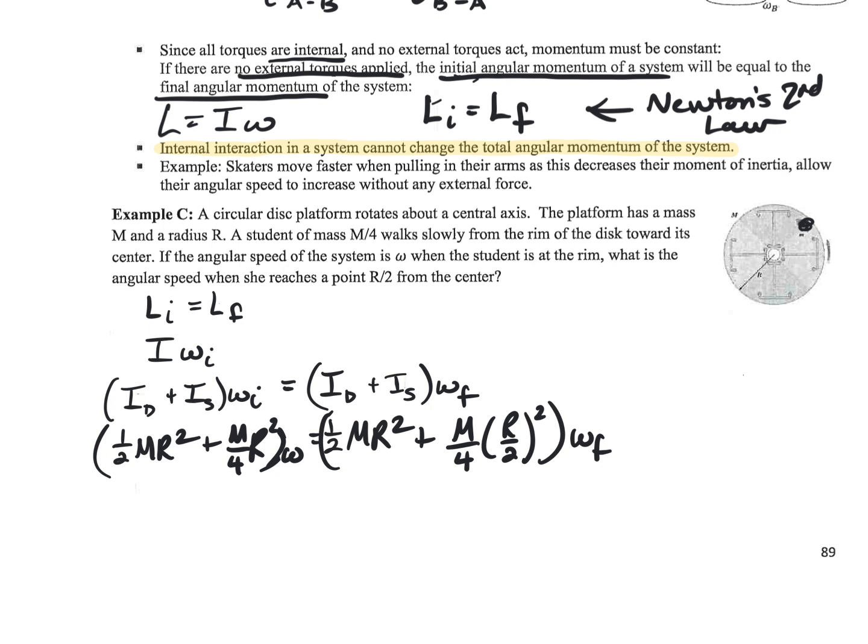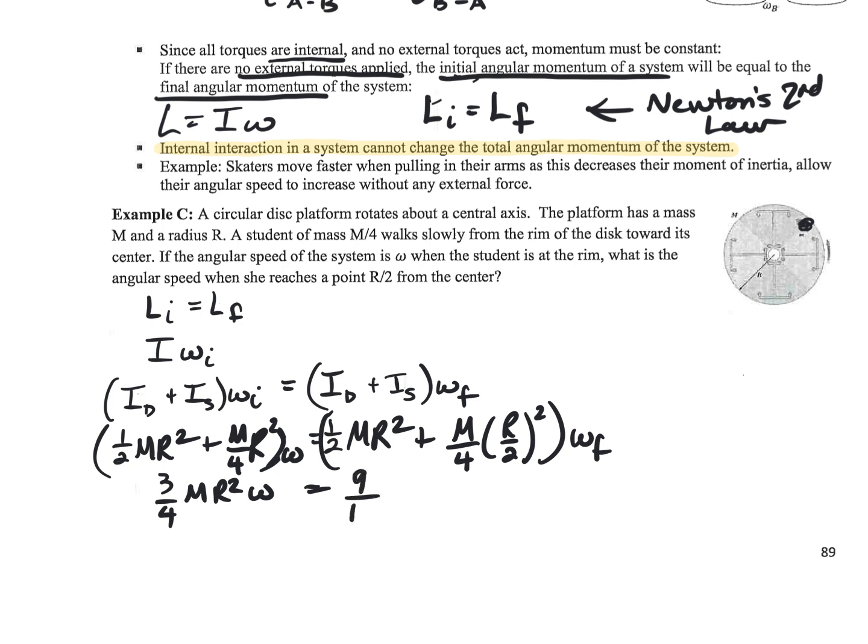All right, so let's see what we end up with for omega final. Well, 1/2 plus 1/4 is 3/4. So this is 3/4 m r squared omega. And now we have 1/2 plus 1/16, so it'd be 8/16 plus 1/16 is 9/16.